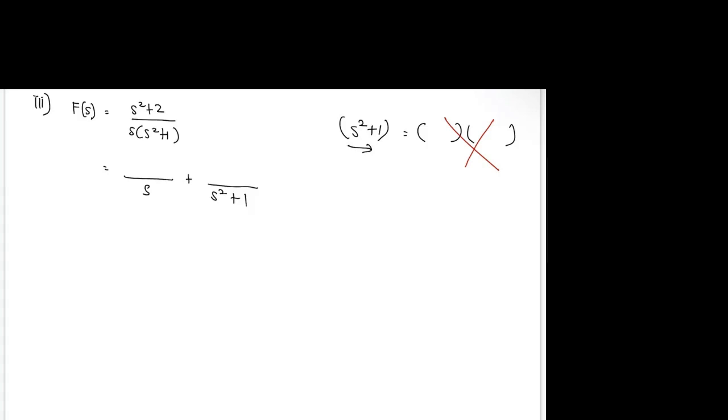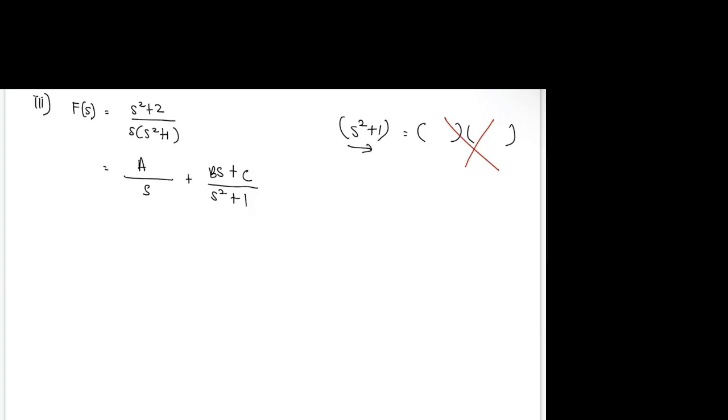You cannot factor. Alright, so now let's rewrite the numerator. For s, because this is linear, the numerator will be a constant A. For s square plus 1, because this is quadratic, the highest power is 2, so you need to write a linear numerator: Bs plus C, which must be linear, one power less.